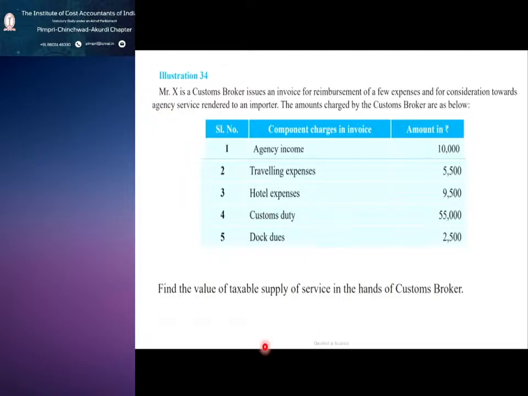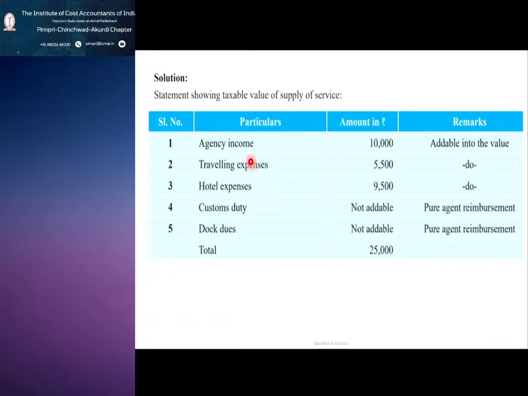Now find the taxable value of supply of service in the hands of the customs broker. So how will we calculate his taxable value of supply? He has agency income, traveling, hotel, customs duty, dock dues. Are we going to consider all these expenses? See here, only his taxable value is 10,000 agency income, traveling expenses 5,500, and hotel expenses 9,500.